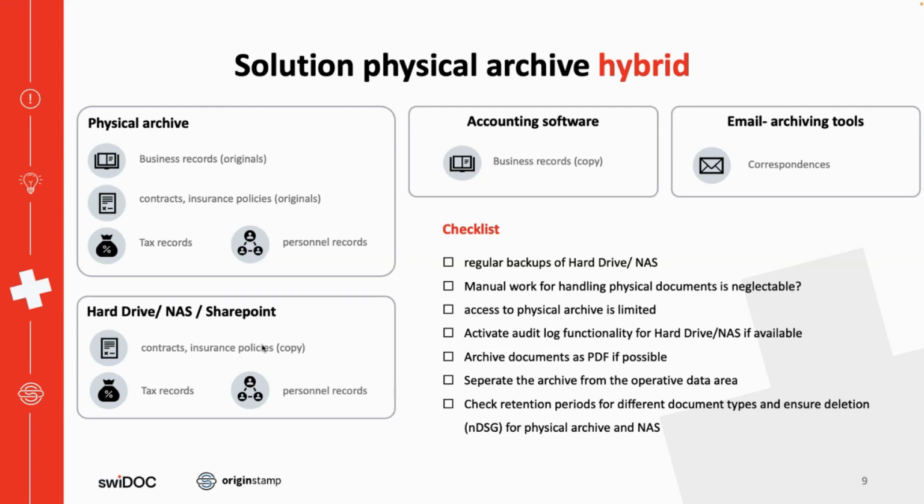And then we have some accounting software where we store the business records, but here you should be careful. If you use an accounting software, storing the originals is always recommended because the accounting software is not built for archiving. And if I have some email archiving tool in place, this could be used for storing my correspondences. So this could be a solution.